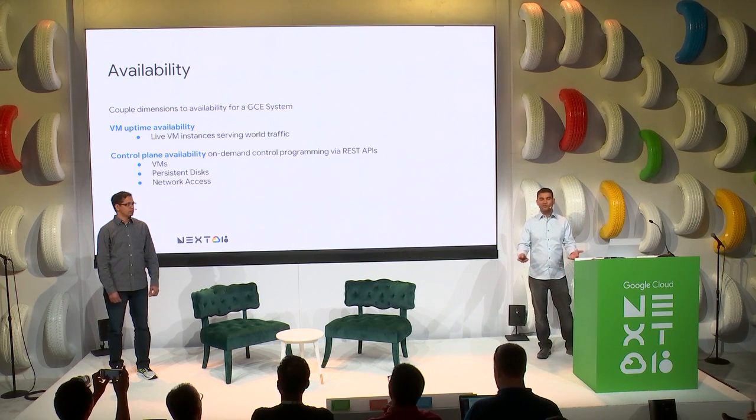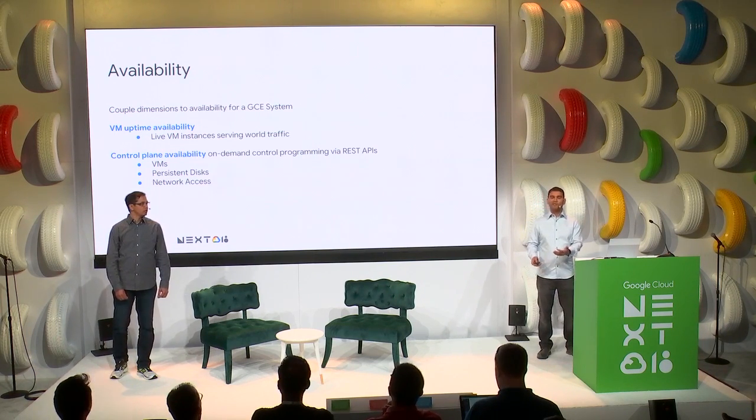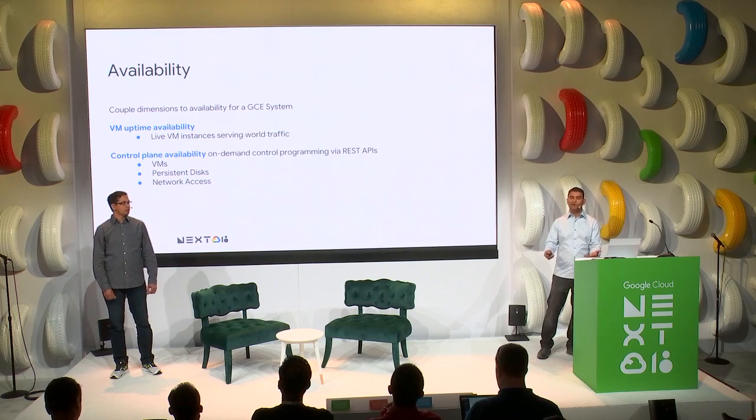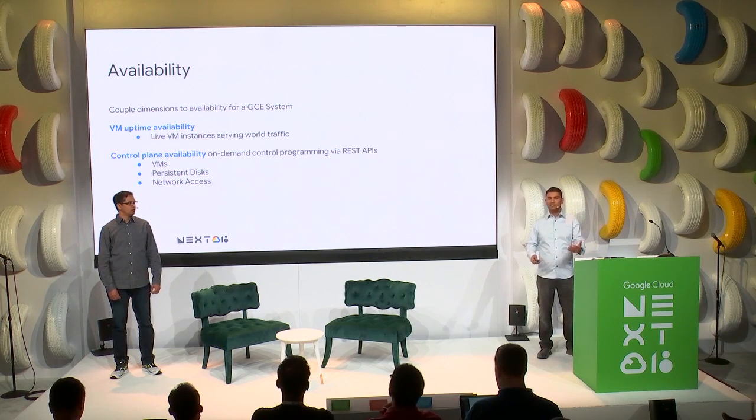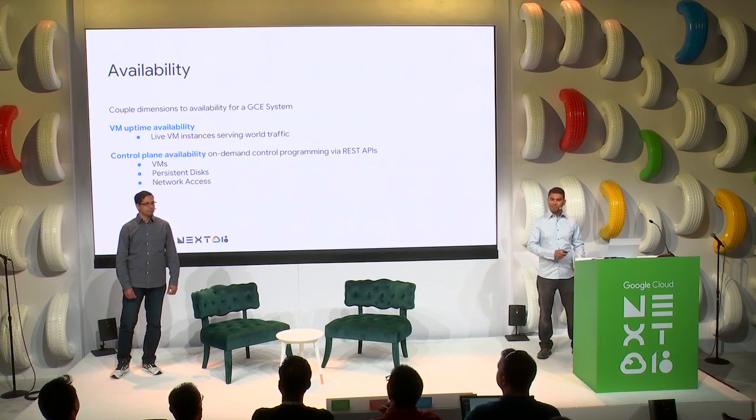There are many more resources, of course, which I haven't listed. So it's important to remember the distinction between these 2 availability notions. The first is live traffic serving paths. The second is control paths.